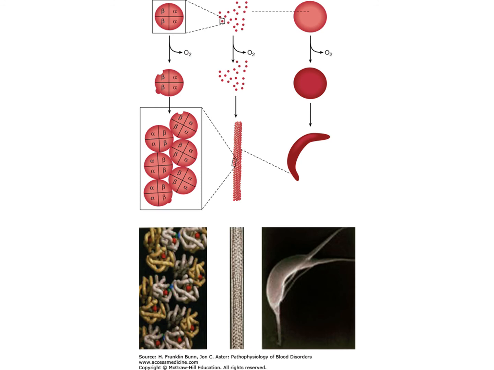And so that one valine, when blood gets a little bit deoxygenated, can cause this hydrophobic interaction, polymerization of hemoglobin, and that polymer stretches out the cell in such a way that it is no longer this beautiful biconcave shape.